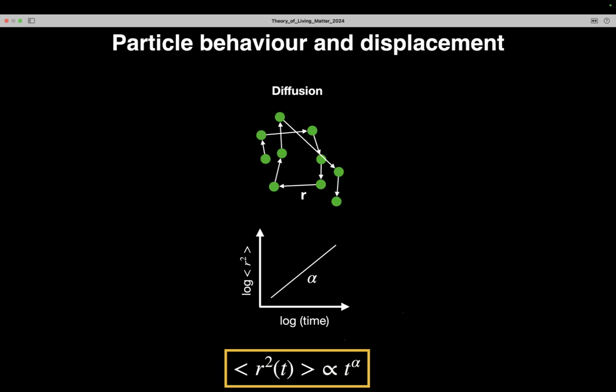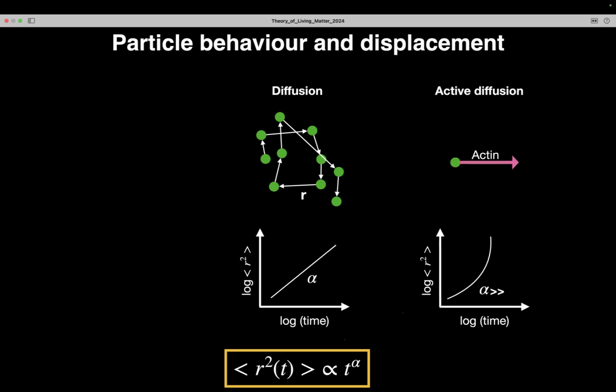Just to remind you, by quantifying the mean square displacement of basal bodies within the actin network, we can determine whether basal bodies are diffusing. If the slope of the mean square displacement is 1, then we can approximate that the basal bodies are diffusing. If the slope is higher than 1, this suggests that the basal bodies are actively moved by the actin network.